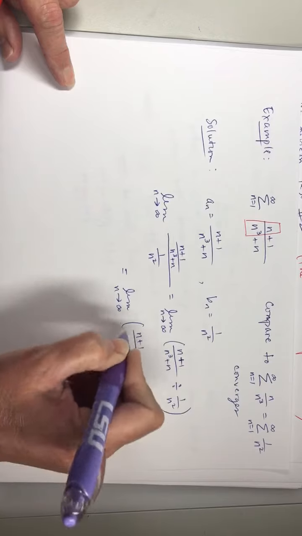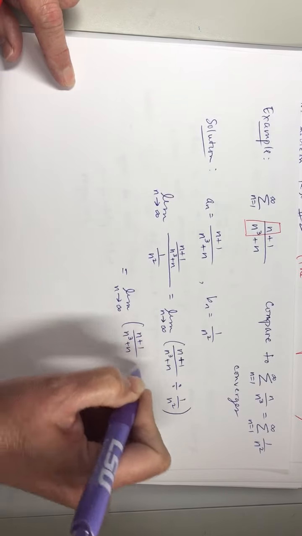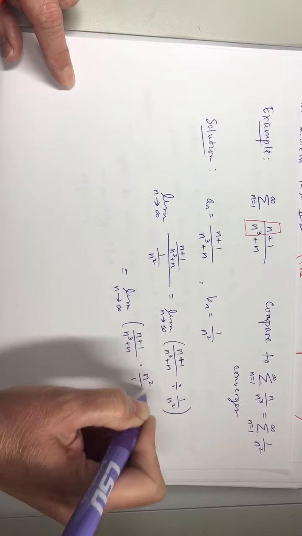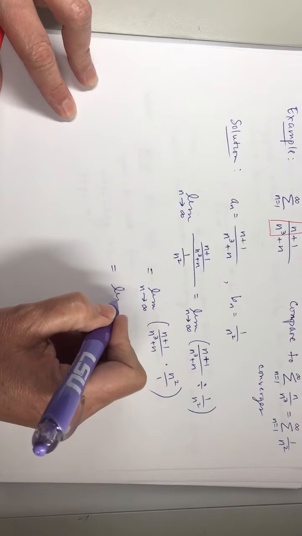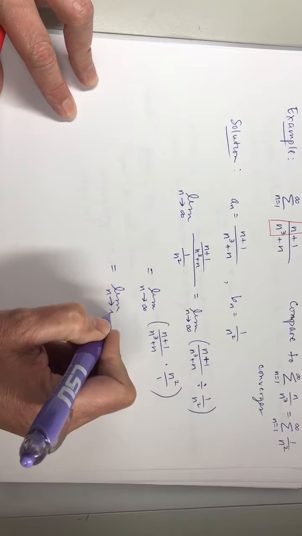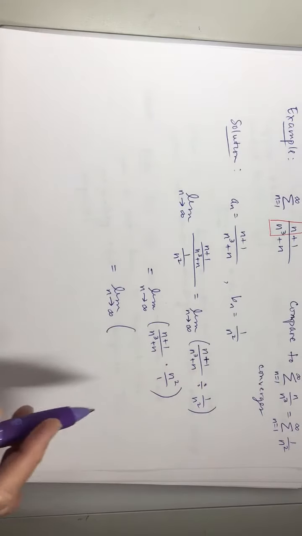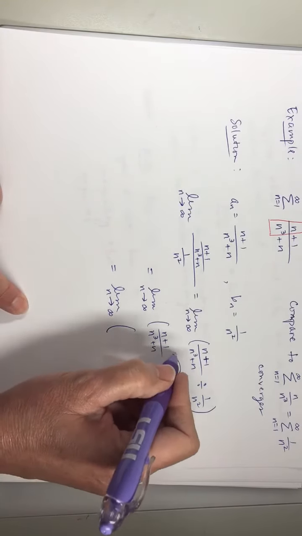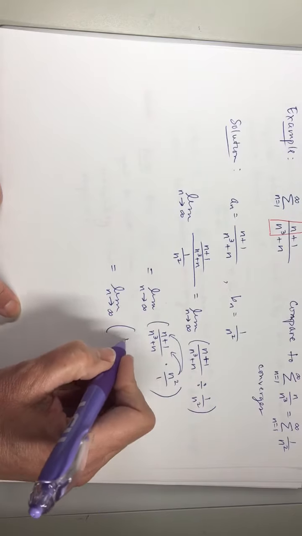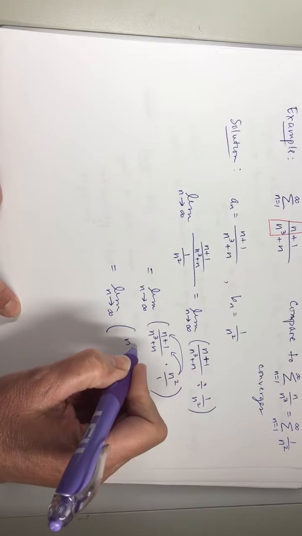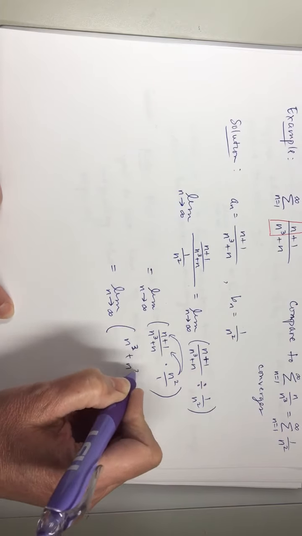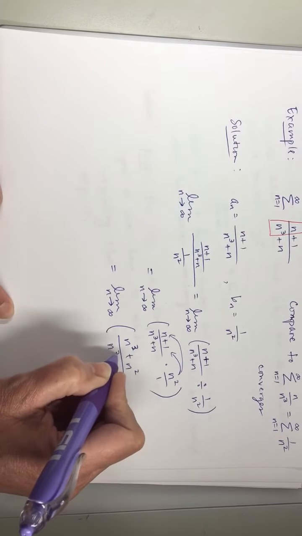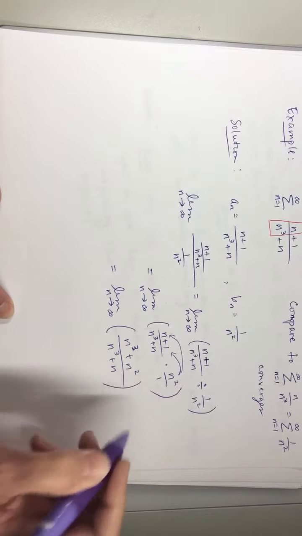So n plus 1 over n cubed plus n times n squared over 1. This will be the limit as n approaches infinity. I'm going to distribute this n squared. It'll be n cubed plus n squared over n cubed plus n.